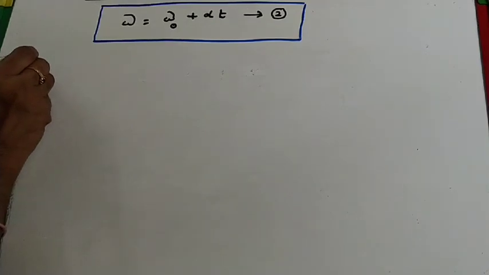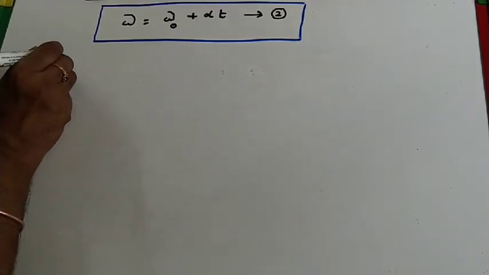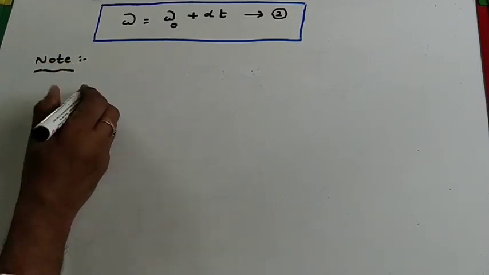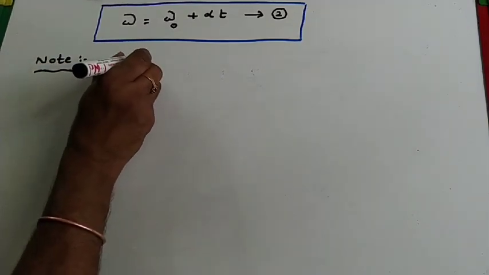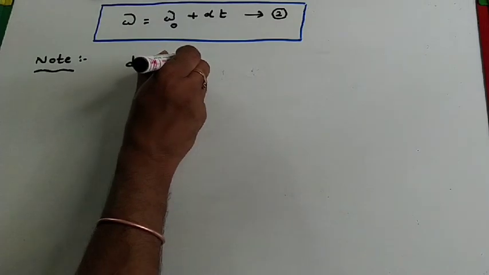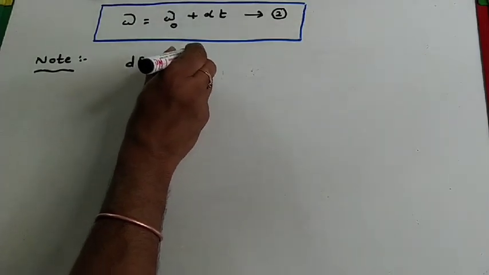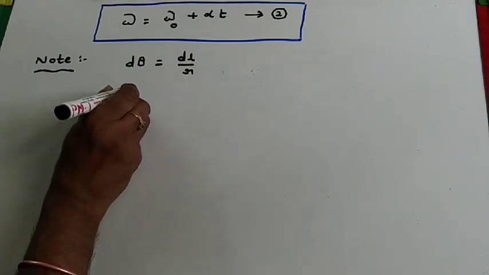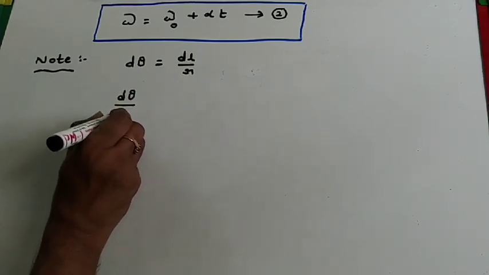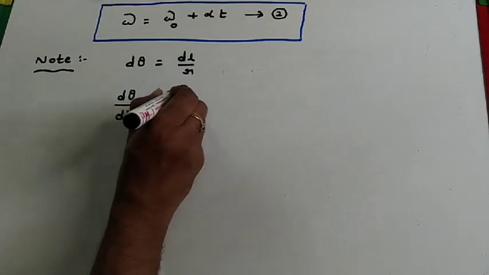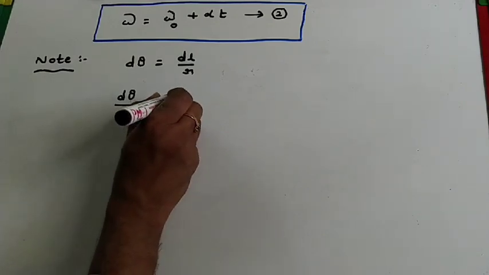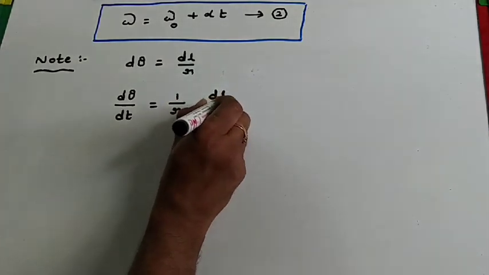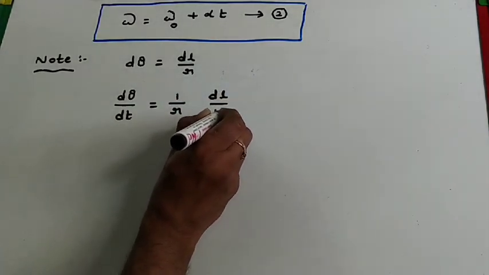Now note, d theta is equal to dl by r. d theta by dt is equal to 1 by r into dl by dt.